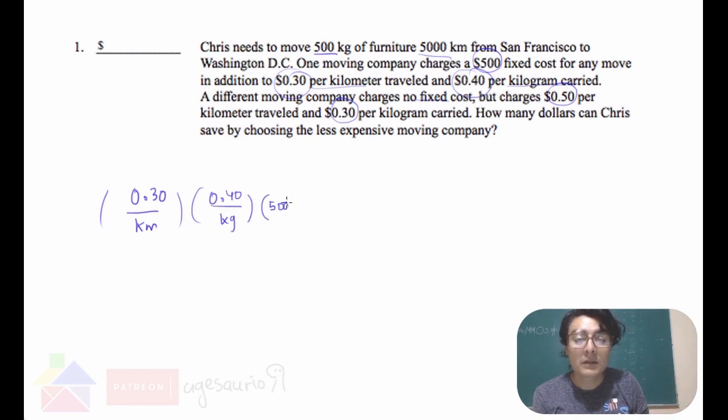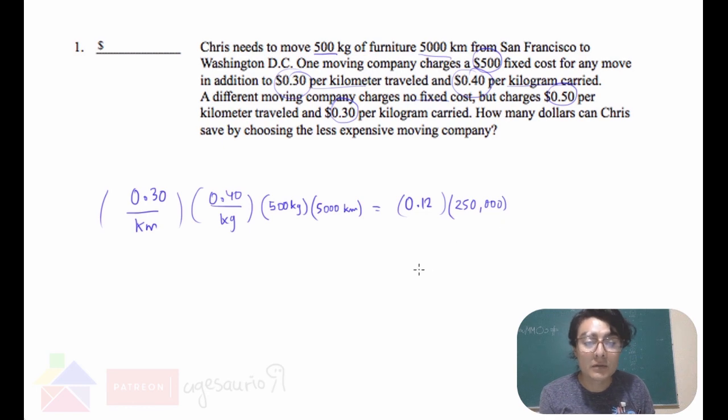Our unit is gonna be kilometer-kilogram. So this is 12 cents times 250,000. So this is a huge number, right?